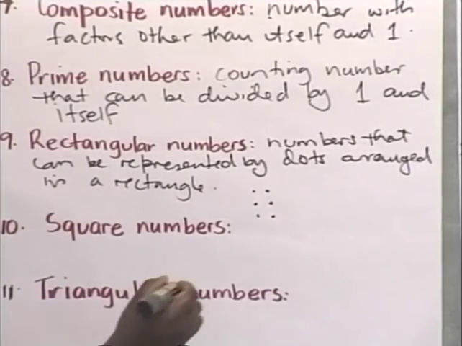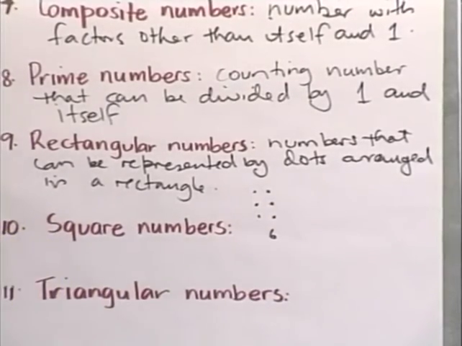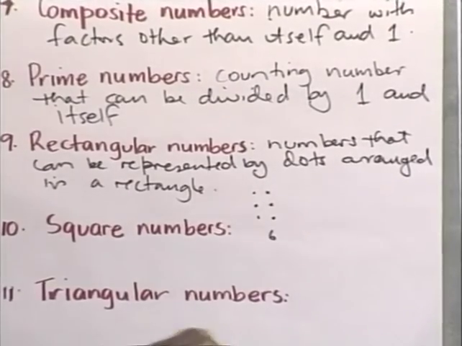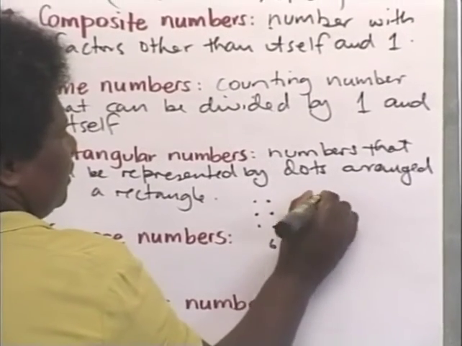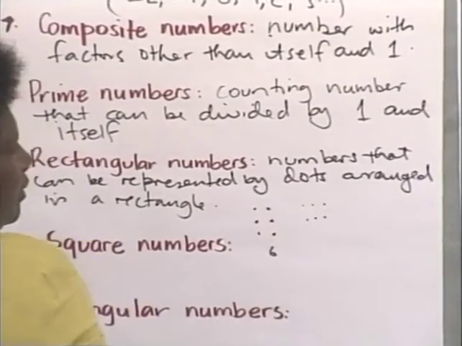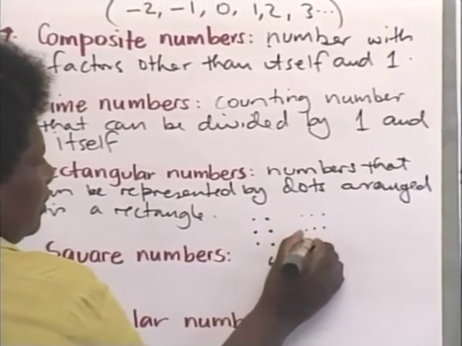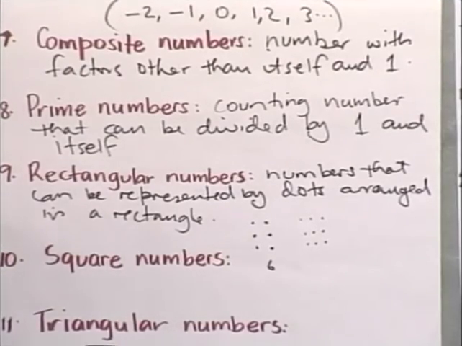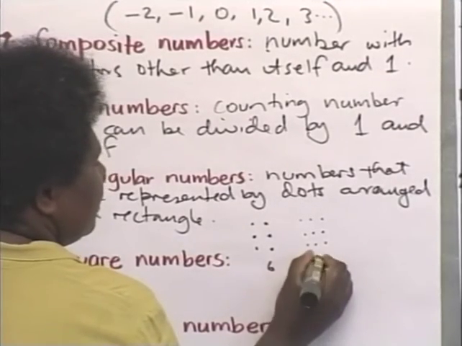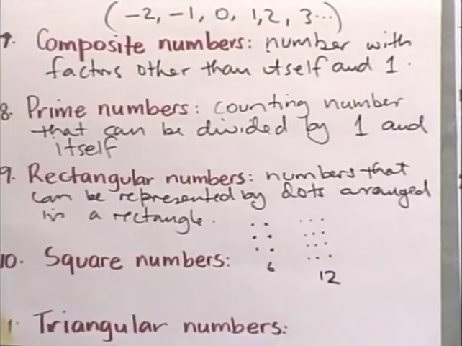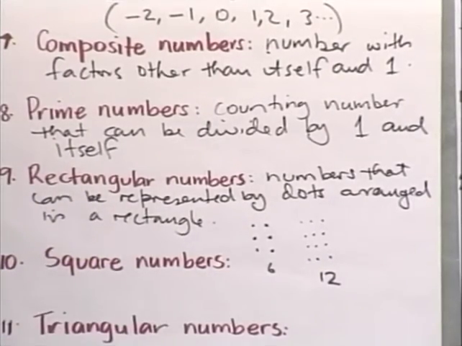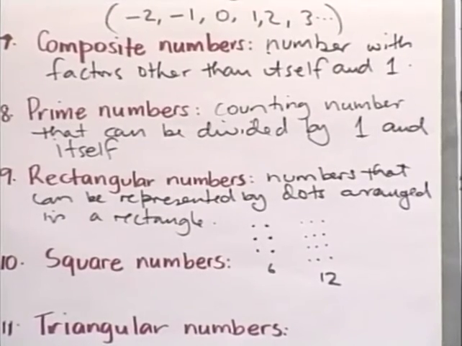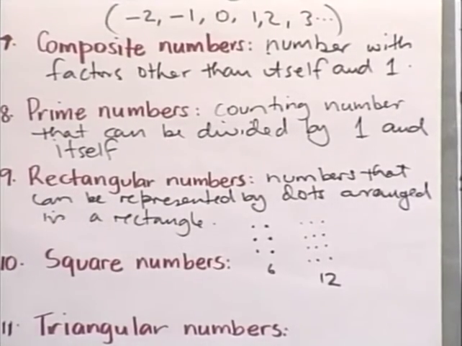What about 4? Okay, 4 is a square number and not a rectangular number. The next one can be 9? 9 is a square number. The next one I think is 12. Any number that can be represented by dots arranged in a rectangle is called a rectangular number.